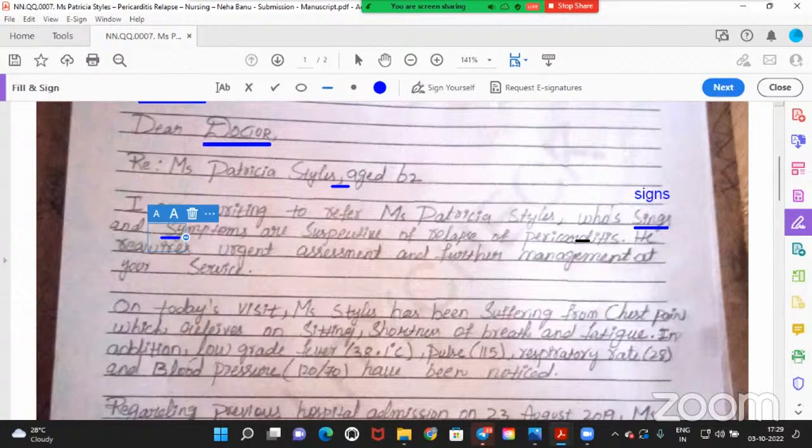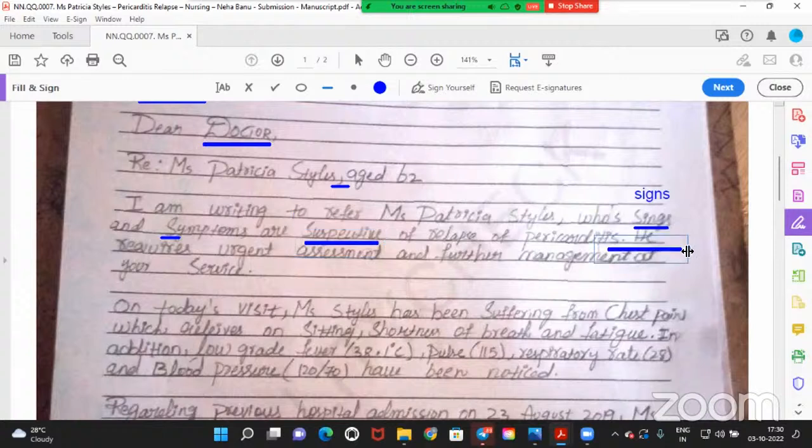I'm writing to refer Miss Patricia, whose signs and symptoms are suggestive of, not suspective of, suggestive of relapse of pericarditis.